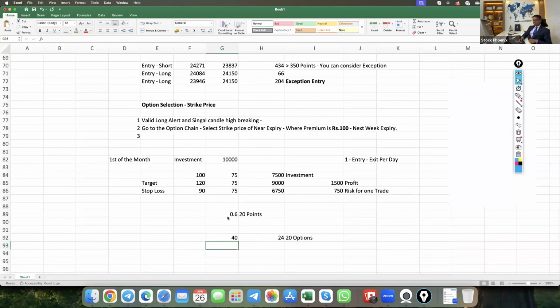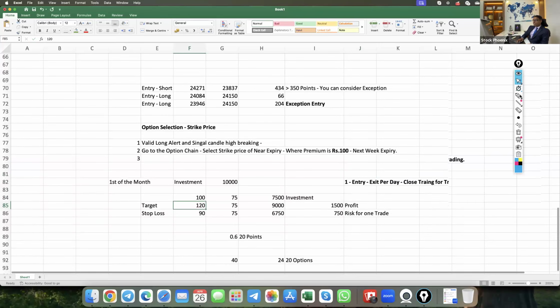Then 40 points is far sufficient. So here you're trying to make one entry and one exit per day and close trading for the day. Now here, all you have to target is only 30 to 40 points of momentum after you make an entry.